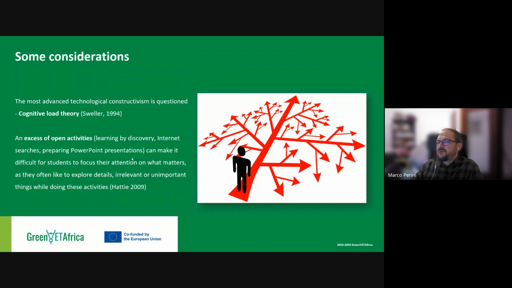And we enhanced that this doesn't mean that open activities are bad for teaching, but it means that we have to balance the methods when we project our instructional design, when we design our activities.